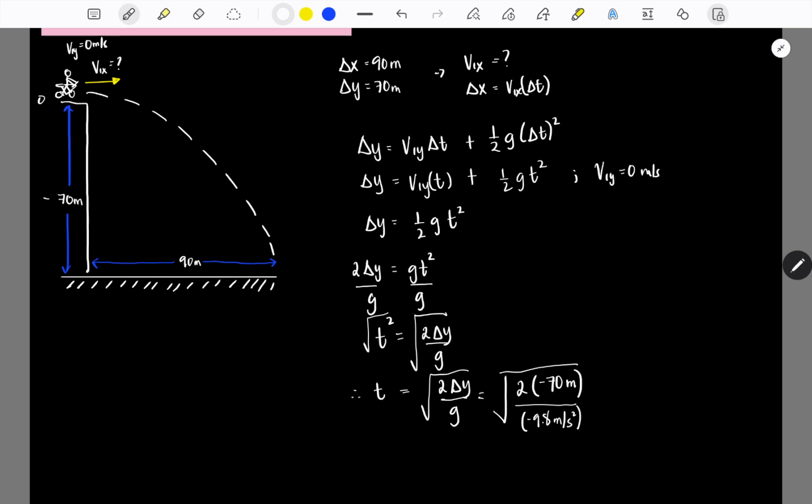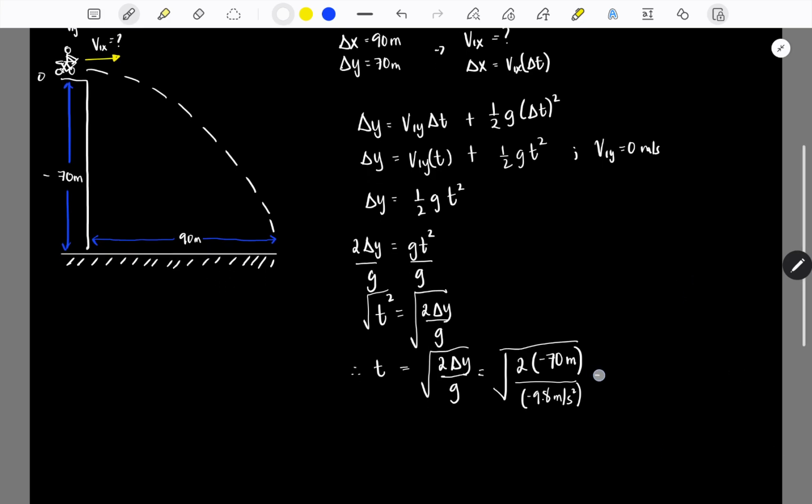This is the value of acceleration due to gravity. If you input this in your calculator, you should get about 3.7796 seconds, or approximately 3.78 seconds. I just rounded it off to 2 decimal places.